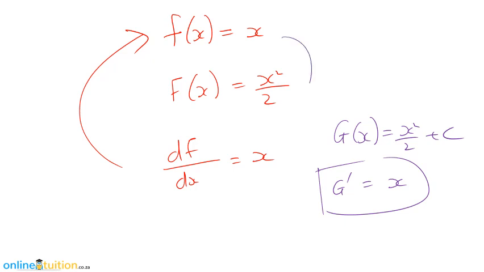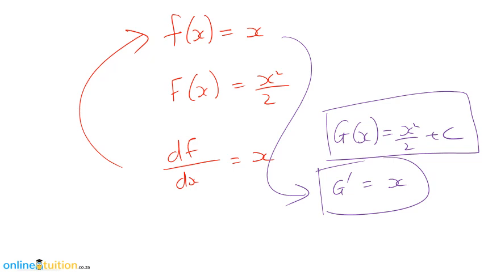So now what I'm claiming is I have a family of functions whose derivative is x, as long as that constant is arbitrary. For different values of the constant, I'm just going to produce a family of curves. And you can see straight away what that curve is. If I had to ask you to plot x squared over 2, it's a parabola centered at the origin.